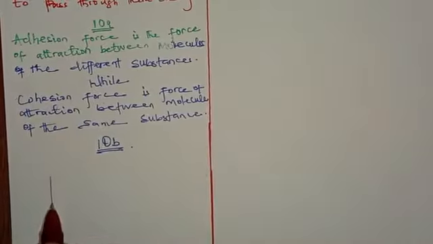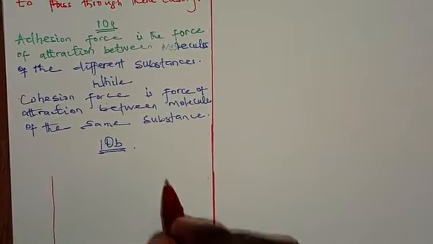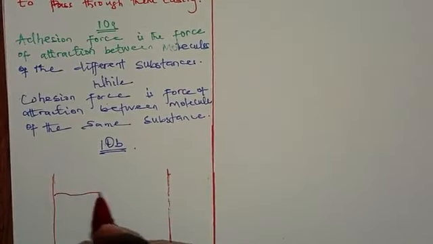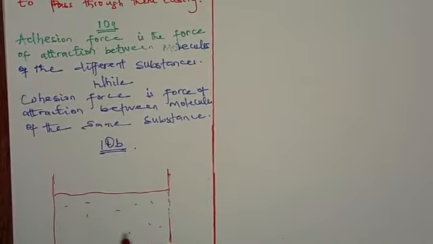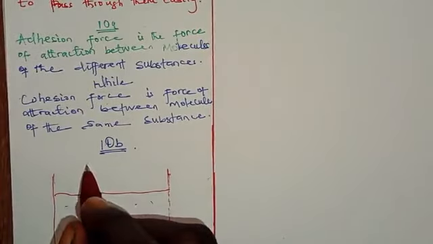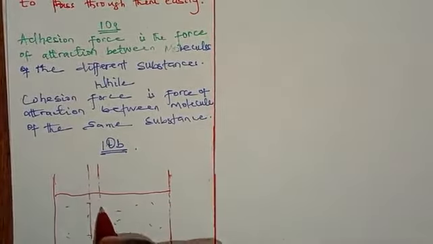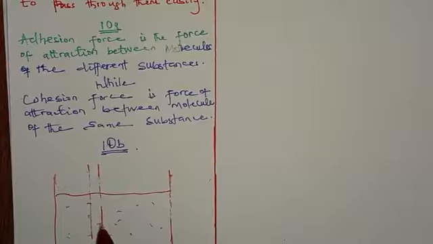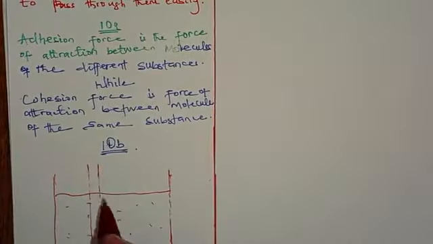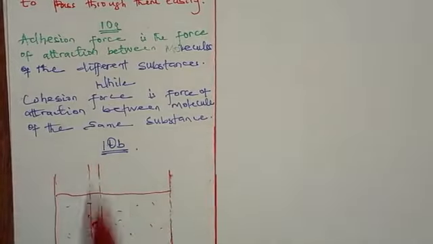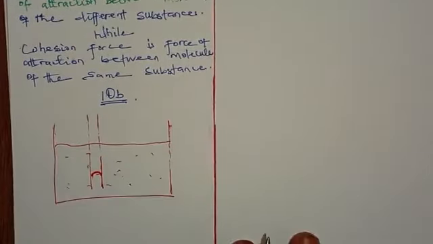For instance, let's say here is mercury, then we have a capillary tube. When this capillary tube is inserted, it's supposed to rise. If it was water, it will rise, but in terms of mercury, it will depress below the level of the one here. So the question is, why does it depress instead of rising? Are we together?